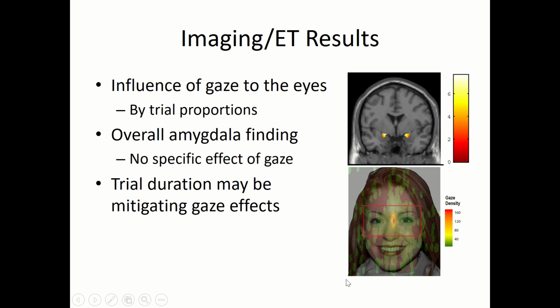So part of the reason we're not seeing gaze-related effects here is we placed the fixation target right here in the middle of the face. It was the same spot for everybody. But our presentation speed was relatively fast for this task. Part of what I think might be going on is that you have this fixation cross in the beginning, the face snaps on, and you're automatically looking there.